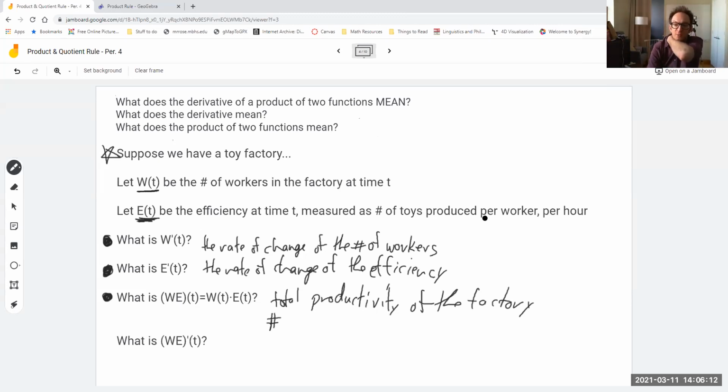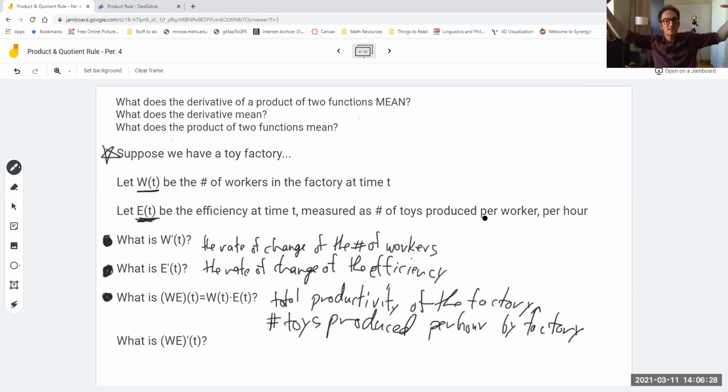Autumn, are you adding on to what he's saying? So you're saying toys per hour. Yeah, so it's the number of toys produced per hour by the factory. And so what we're measuring here is just the total product. It's perfectly answered. It's the productivity of the factory. It's the number of toys the overall factory is producing per hour.